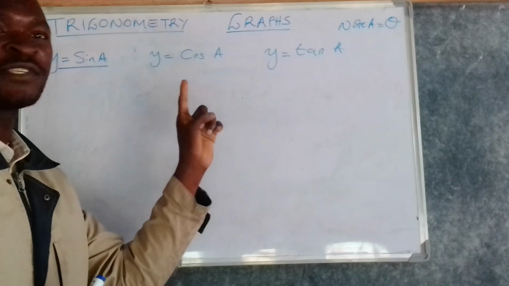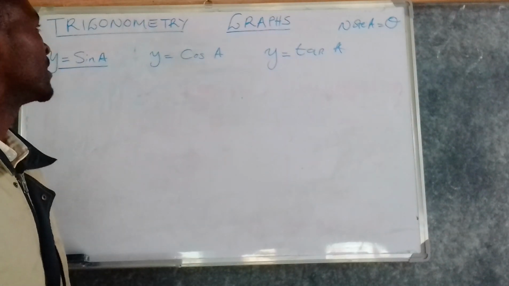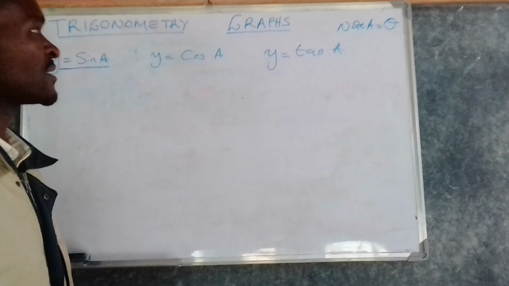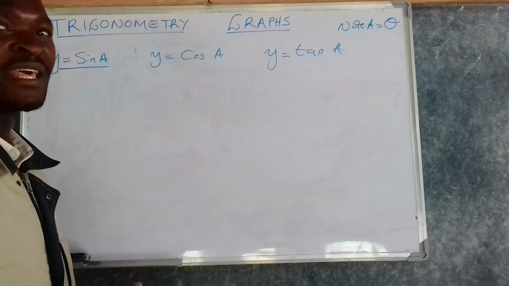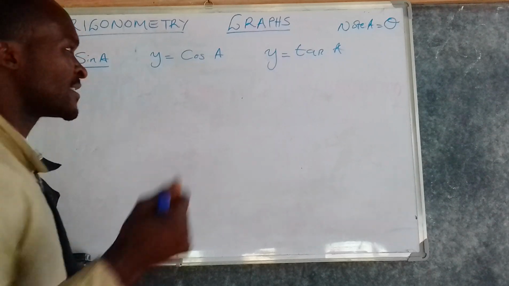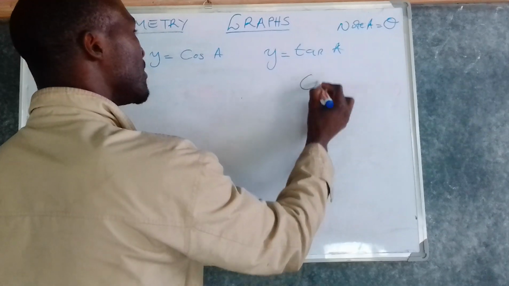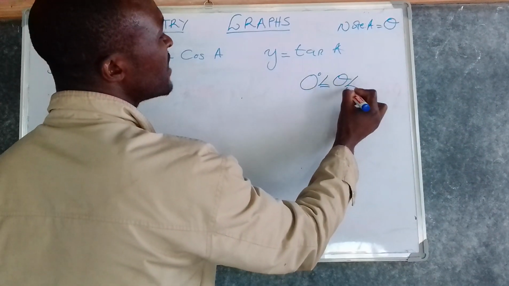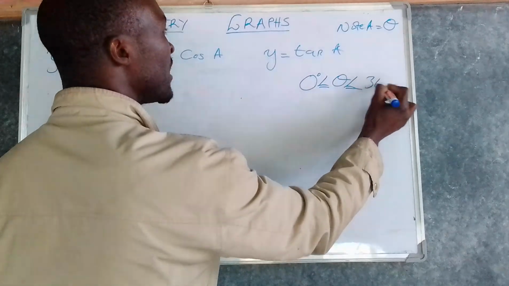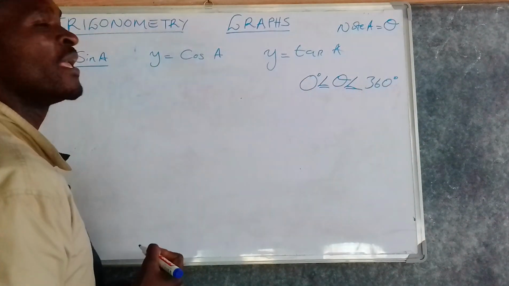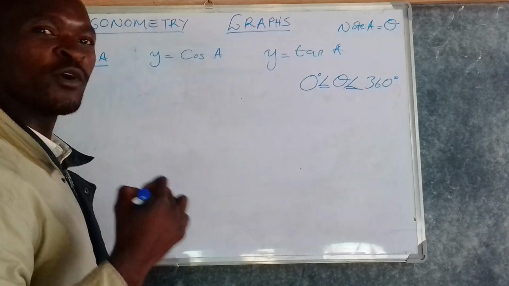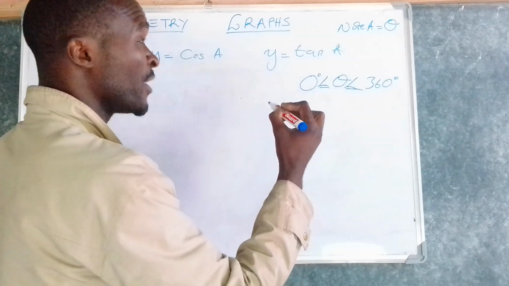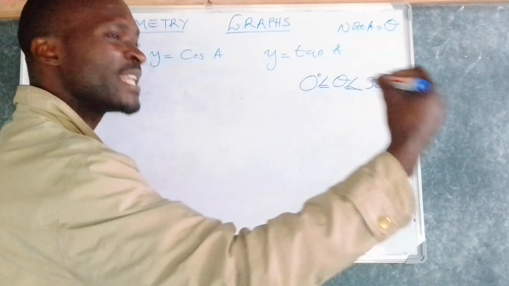When we want to plot these graphs, what we should know is the range of the graph is given from 0 degrees less than or equal to theta, less than or equal to 360 degrees. In our case today, we will be moving in steps of 90 degrees.